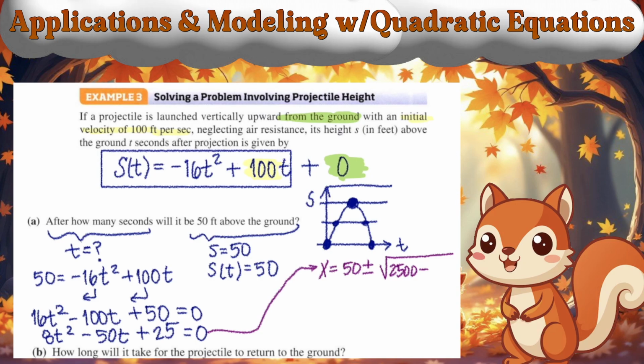So times 4, that's not so bad, 800. Okay, I can fit this. All over, do not make that fraction bar go across the equal sign. 2a, which is 2 times 8, which is 16. 2,500 minus 800, 1,700. So x equals 50 plus minus the square root of 1,700, over 16.